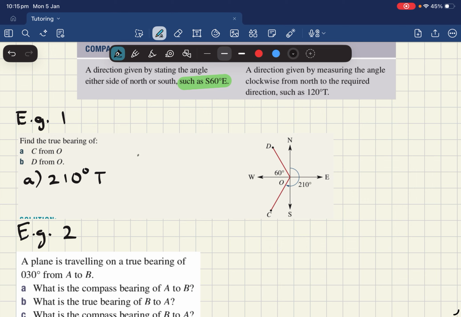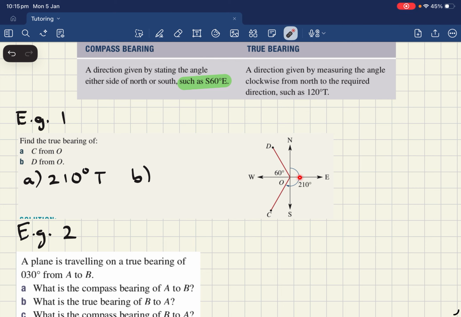Now in part B, they're saying D from O. Now, all of these little bits here make up 90 degrees. So north to east is 90 degrees. East to south is another 90 degrees. So it's 180 degrees here to here. So 180 degrees, south to west is another 90 degrees, 270, and we go 60 degrees extra.